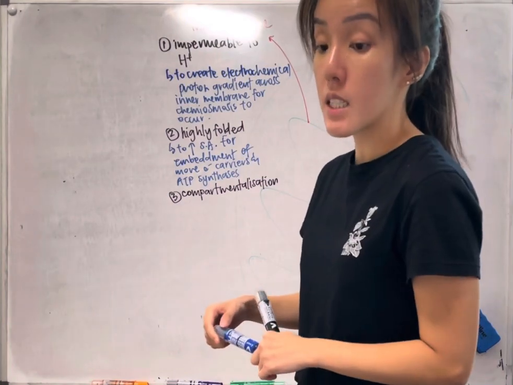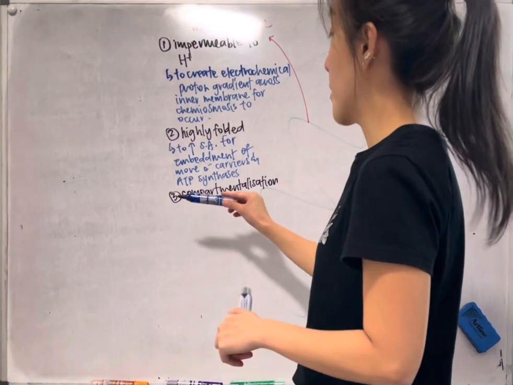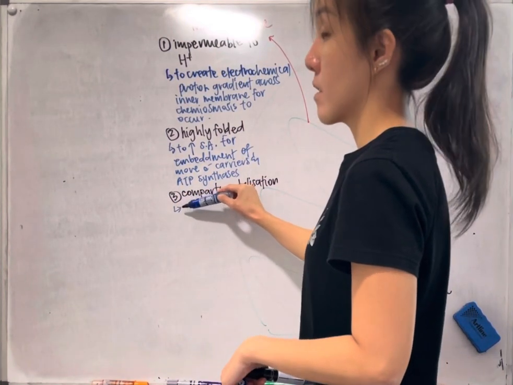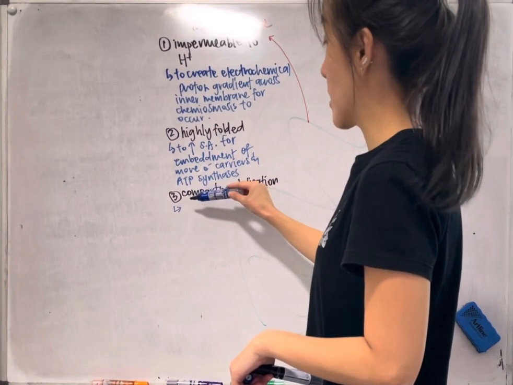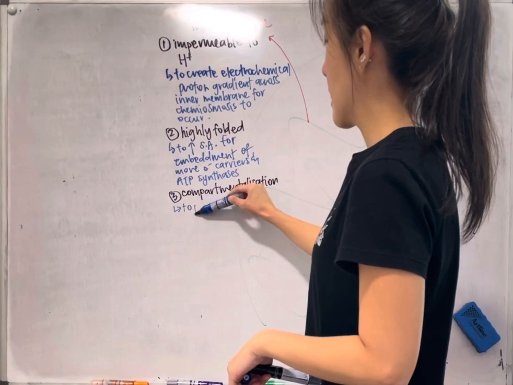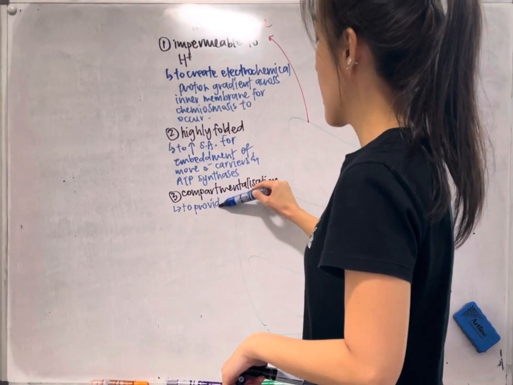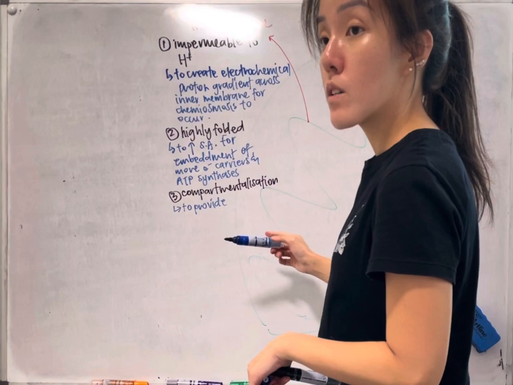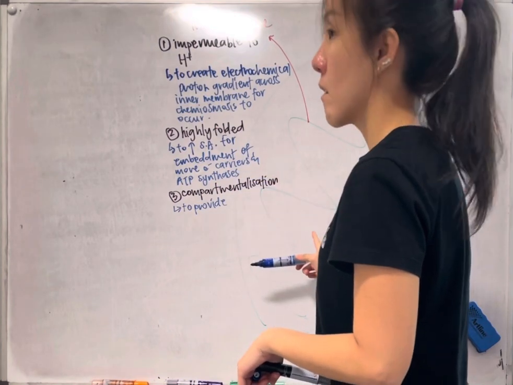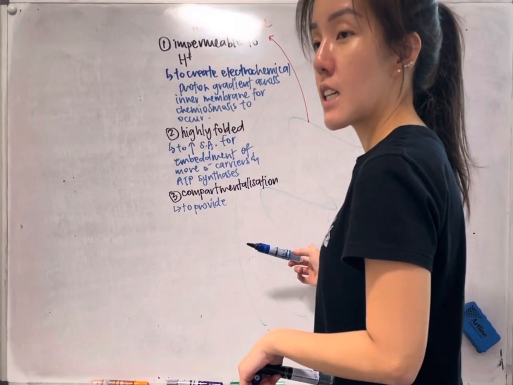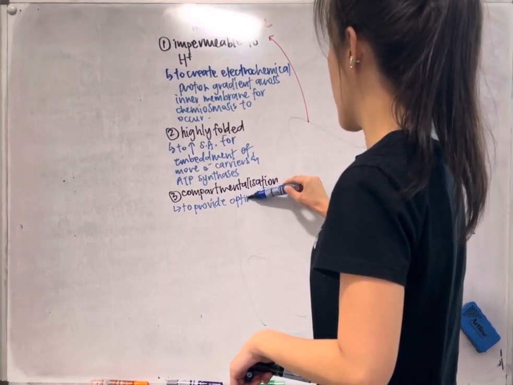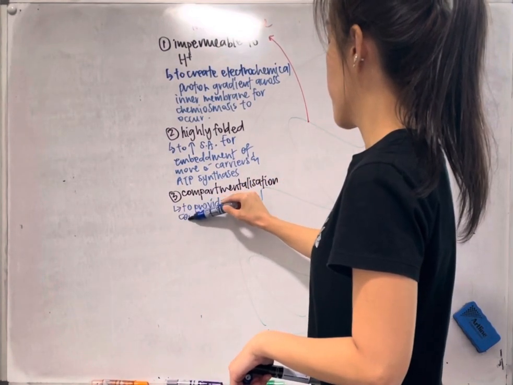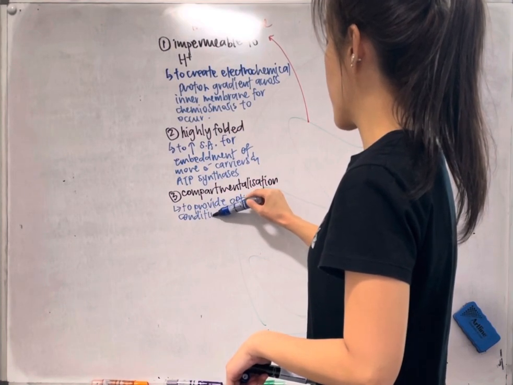To provide optimal conditions for the different processes. Like what? What are the two? Krebs cycle and oxidative phosphorylation, also in the liquid. Yes, okay. So to provide optimal conditions.